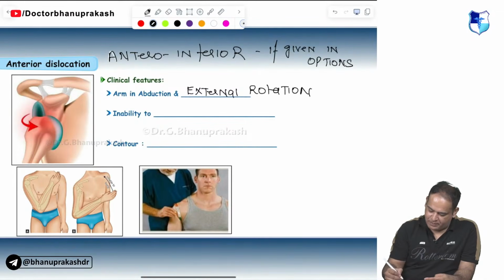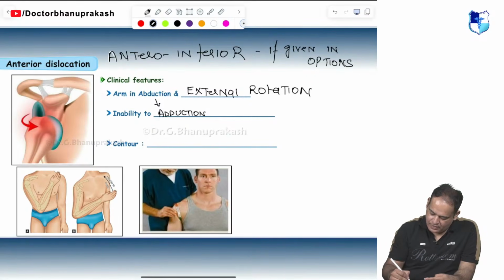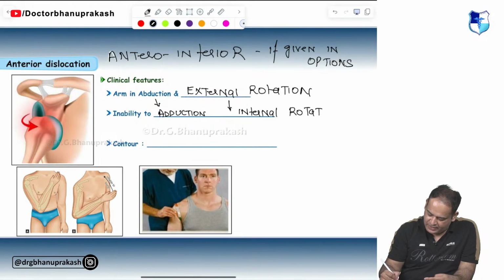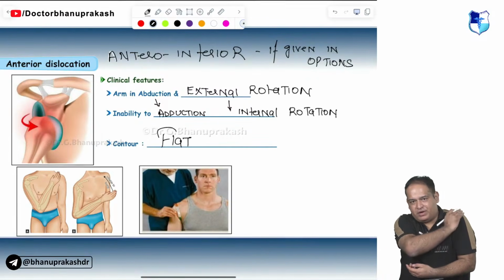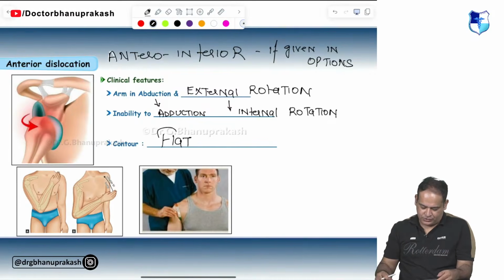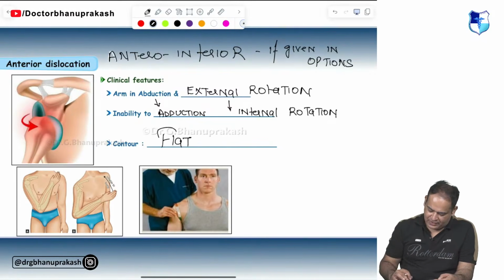And if you ask the patient to do the opposite, that is adduction and internal rotation, it will be very difficult for the patient. Shoulder will be flattened.